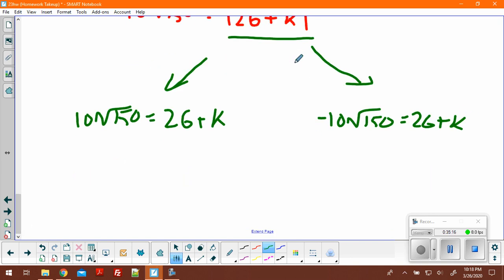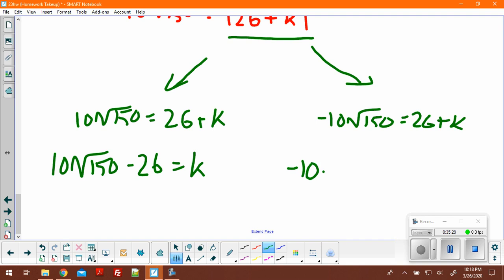I just bring the 26's over. So either k is 10 root 150 minus 26, or negative 10 root 150 minus 26.